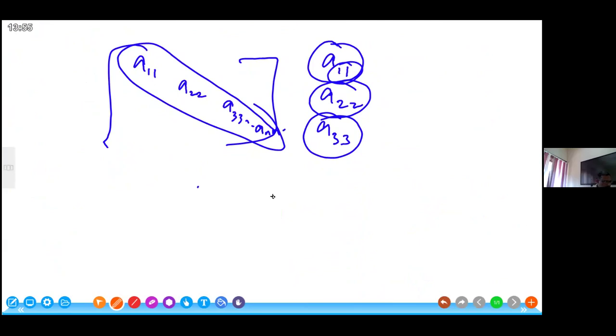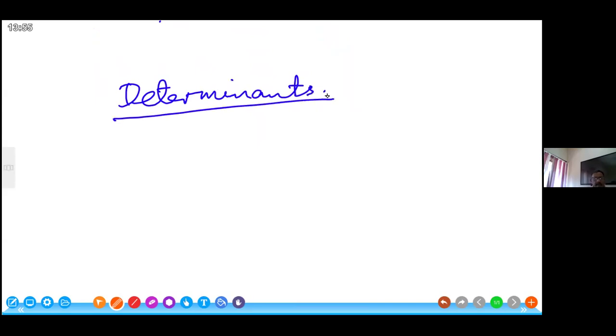We'll move further. A very important section of matrix is called determinants.